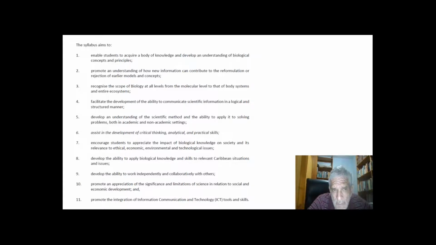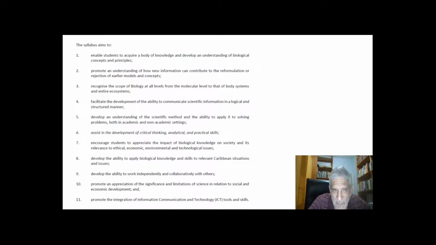Facilitate the development of the ability to communicate scientific information in a logical and structured manner, and develop an understanding of the scientific method and the ability to apply it to solving problems, both in academic and non-academic settings.